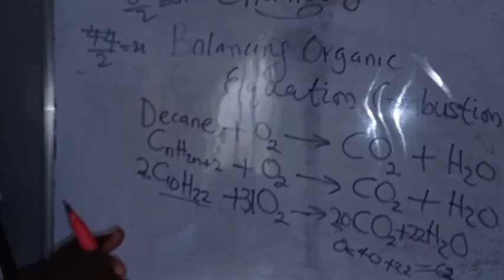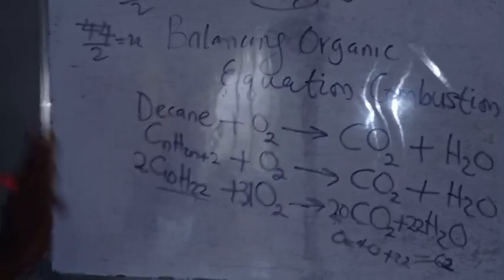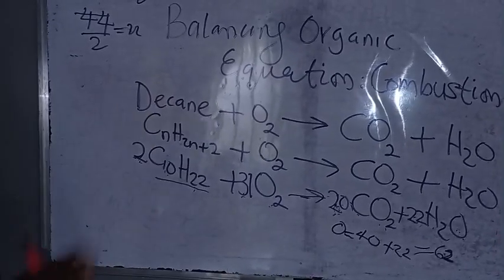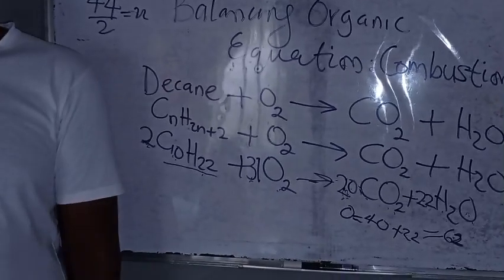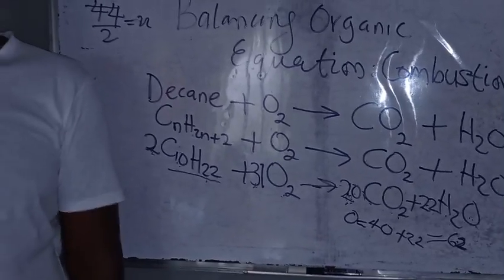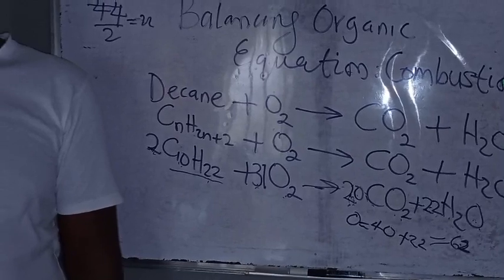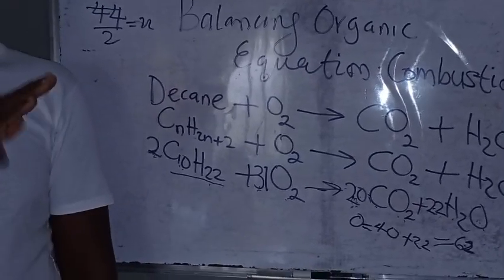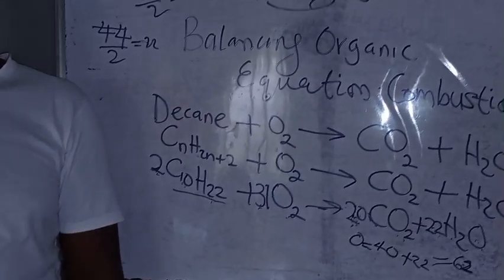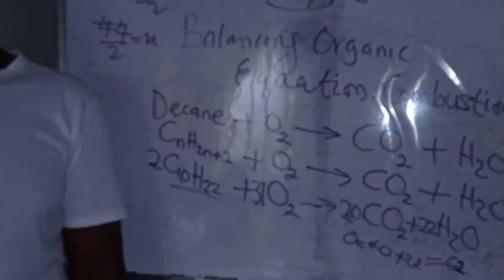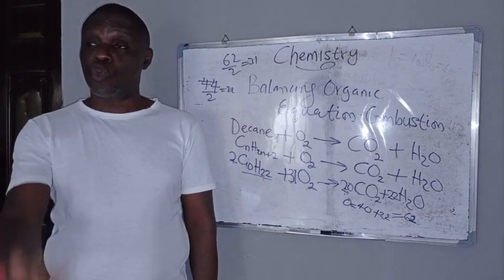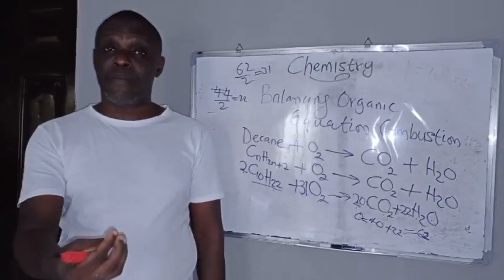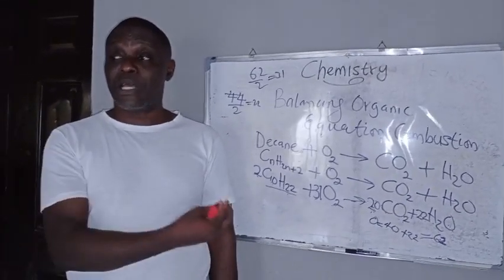There may be need, but for today we are not going to that. We have achieved our aim. And you can see that without any trial and error, we got the combustion of the hydrocarbon, in this case decane, balanced without any trial and error. In knowledge, we keep on improving and making difficult things look simple, making things that look complex simple, and that is what I've just done.